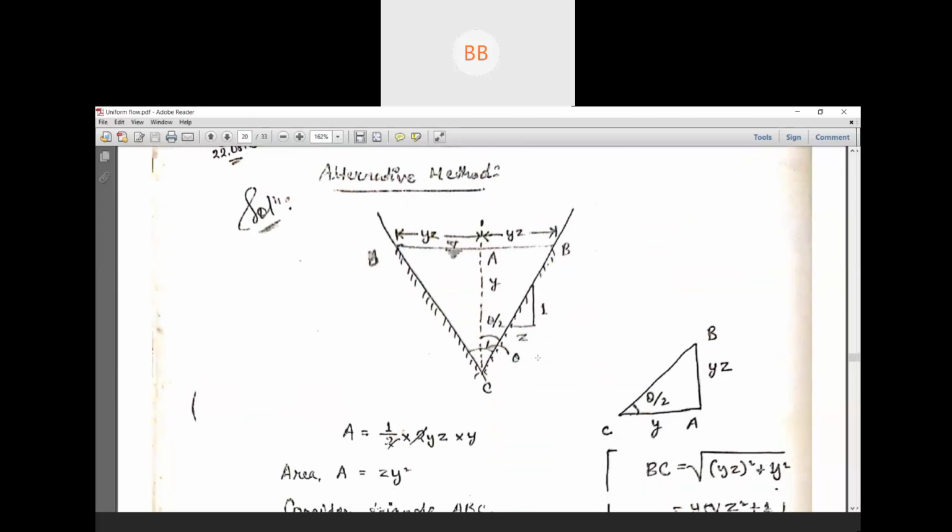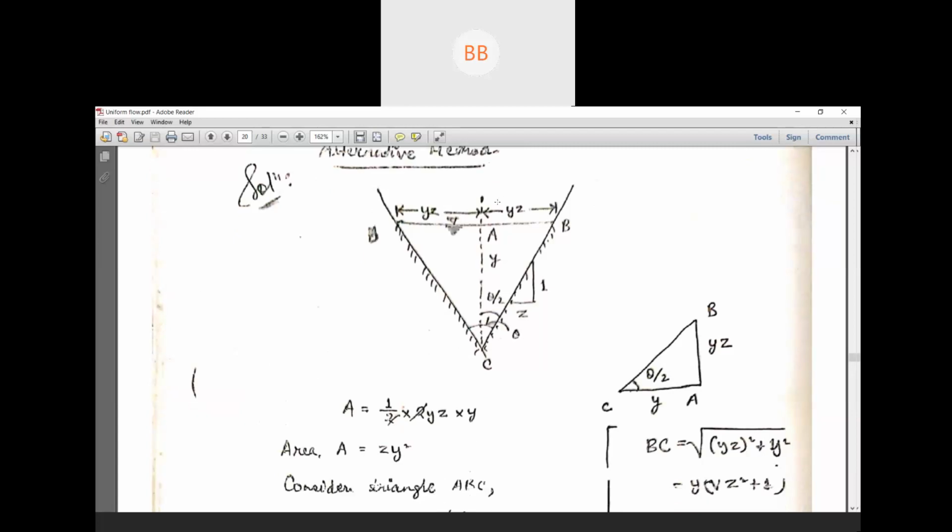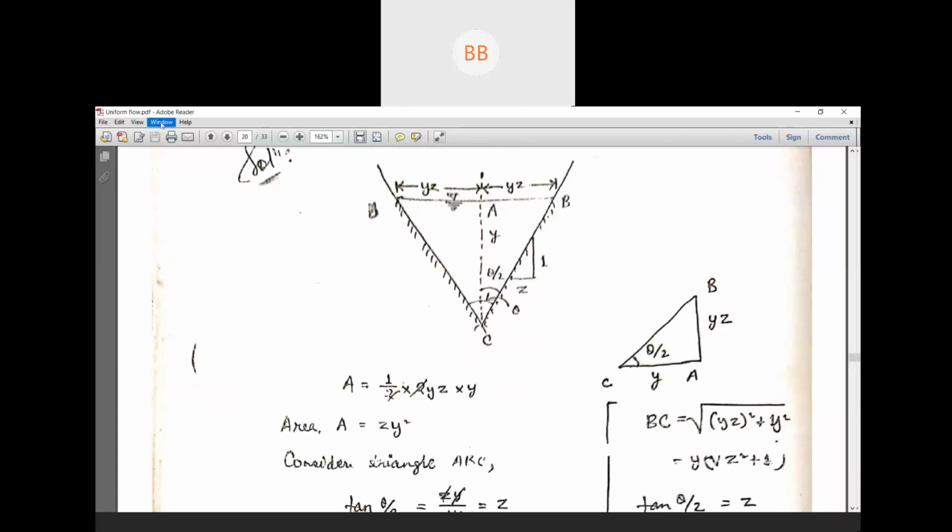That is a little bit lengthy, and as our duration for examination is reduced, that is why I want to go with this alternative method, or you can take it as a primary method. So we are using this method to find out that expression.